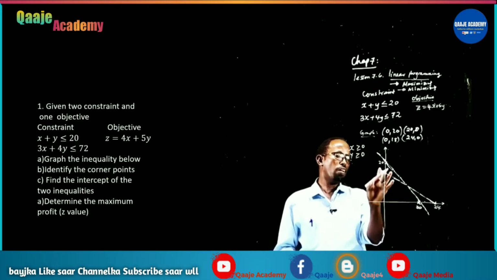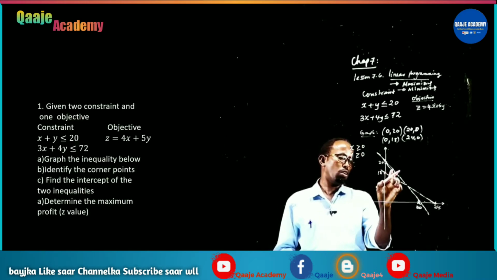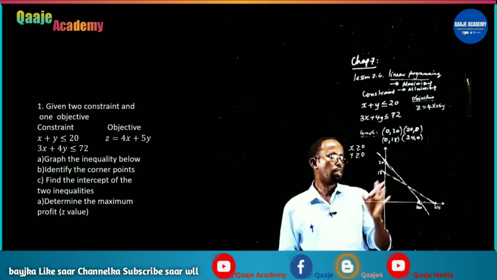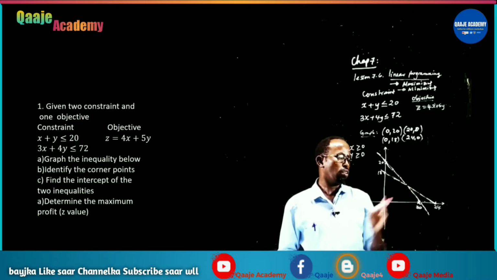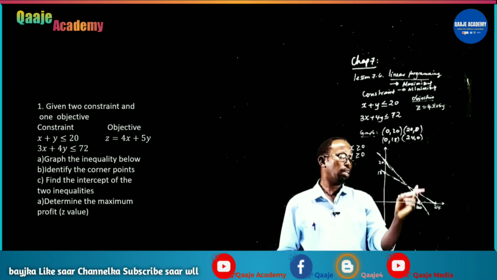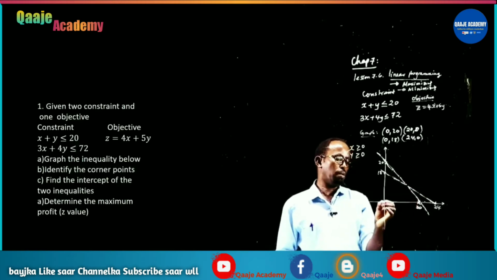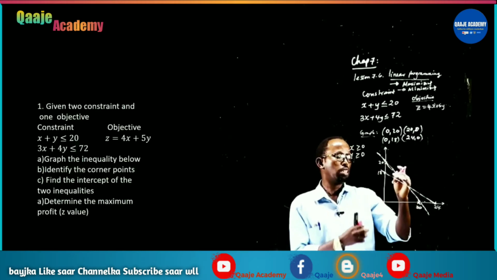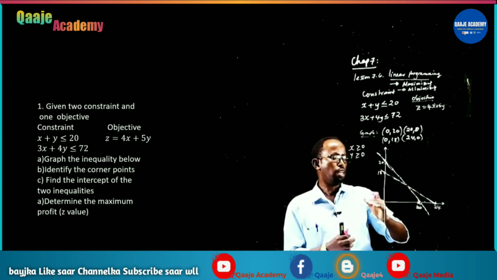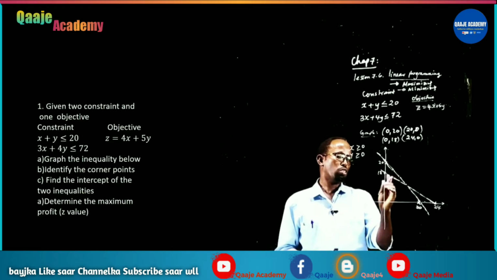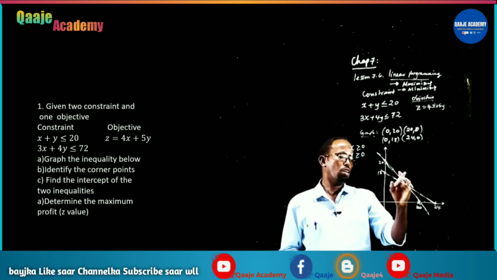For example, all the points below are less or equal, and the ones above are greater or equal. You can prove this by picking a number like 20, 20 is here, and a number like 0, 0 is here. So you just pick two numbers, one below and one above. We have proved it before.